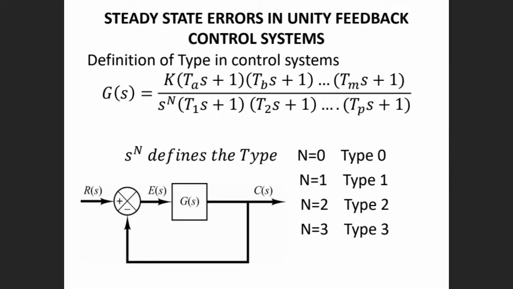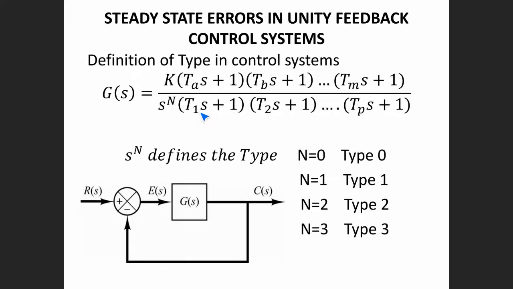Type means that if you look at the control system GS, you can see that it's not a feedback, it's not a transfer function, just the system. If you look at the system, you can see that there's a constant here and the zeros. You have zeros here. I don't know how many, it depends on your system, but the number of zeros is m.